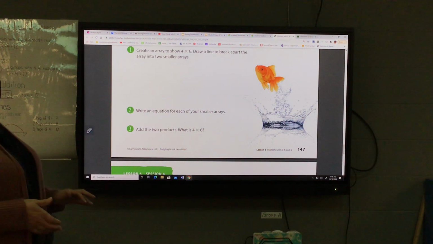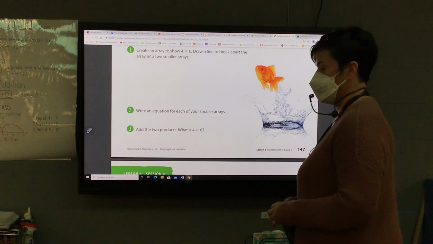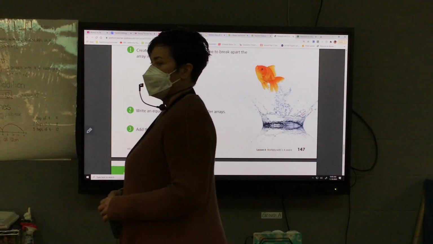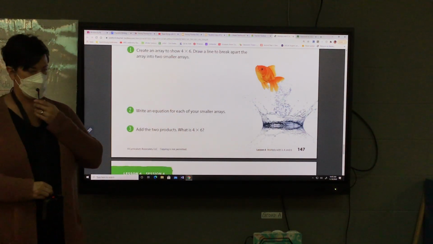And then break that array into 2 smaller parts. Once you have part 1 done, just set your pencil down. All you're doing is drawing that array and drawing that line to break it into 2 smaller parts. You don't have to do the multiplication sentences yet.